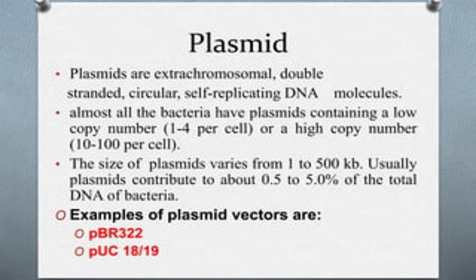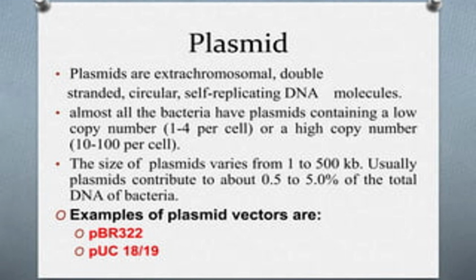Coming to the first vector, that is plasmid vectors. Plasmids are extrachromosomal, double-stranded, circular self-replicating DNA molecules. Almost all the bacteria have plasmids containing a low copy number, 1 to 4, or a high copy number, 10 to 100.